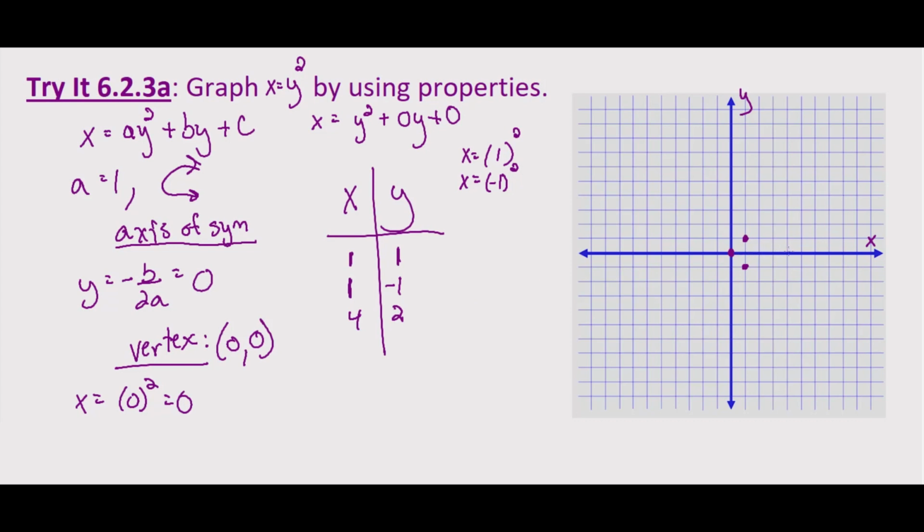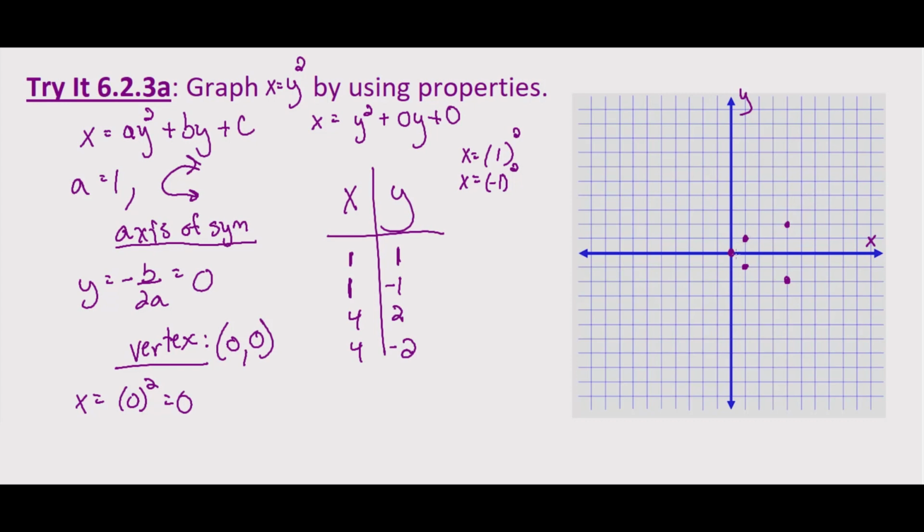1, 2, 3, 4, up 2, which means we also have a point at 4, negative 2, because our axis of symmetry is the x-axis, y equals 0. And we could plug in: negative 2 squared is 4 as well. So when y equals negative 2, we know that x equals 4 algebraically.